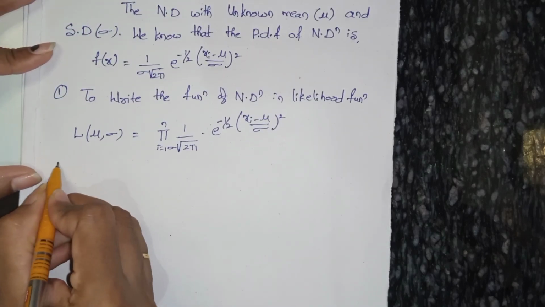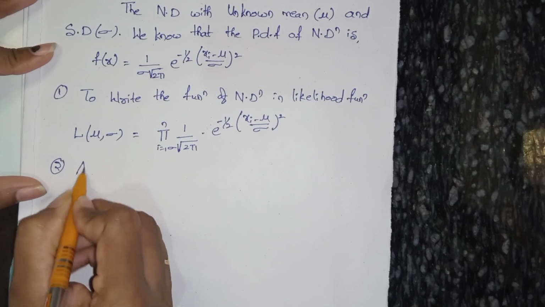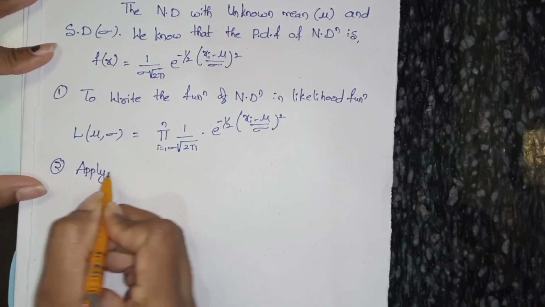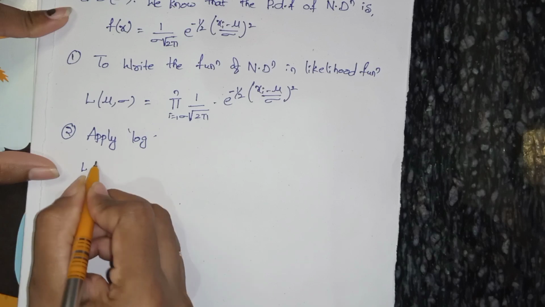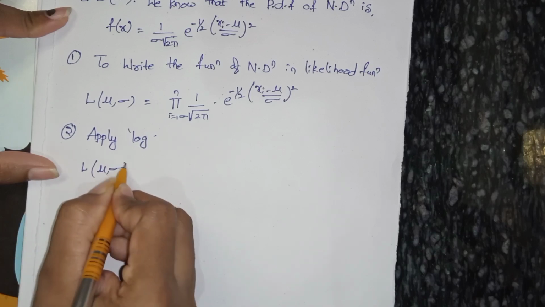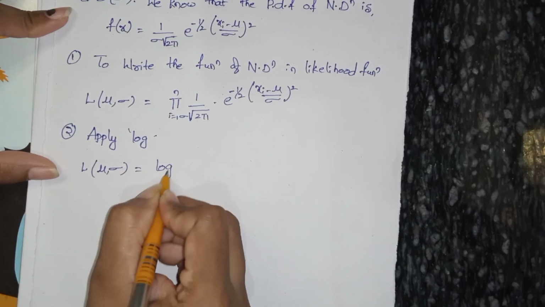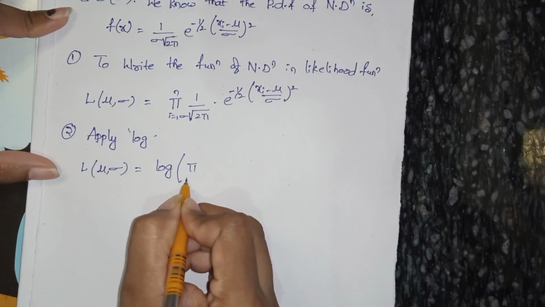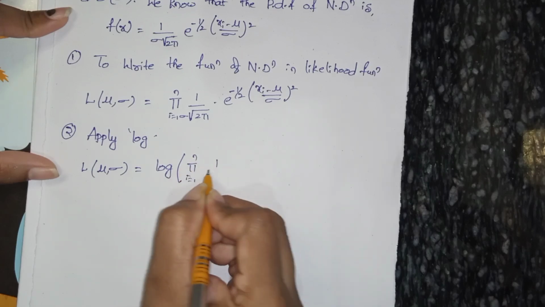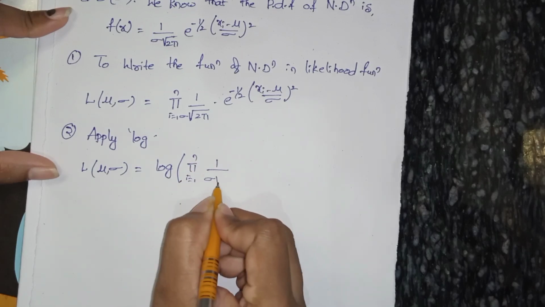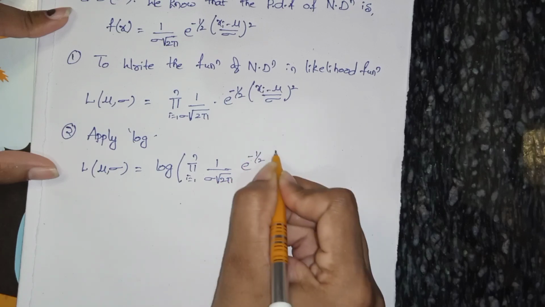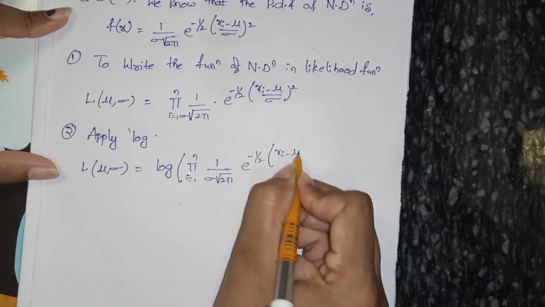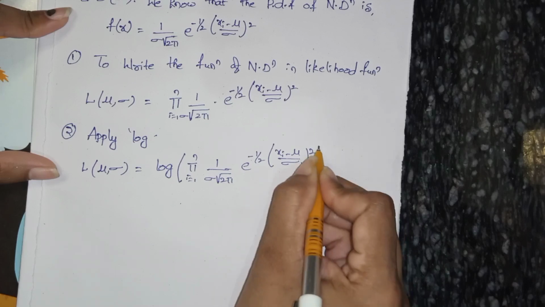Now in the second step we have to apply log. So L of mu comma sigma equals log of pi, i equals 1 to n, 1 by sigma root 2 pi into e to the power of minus 1 by 2 into (xi minus mu by sigma) whole square.